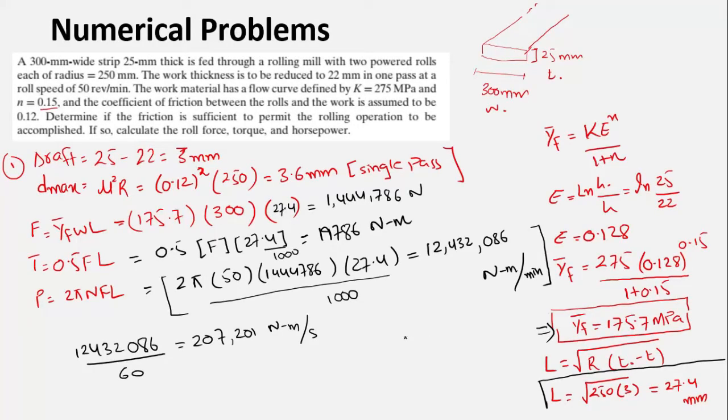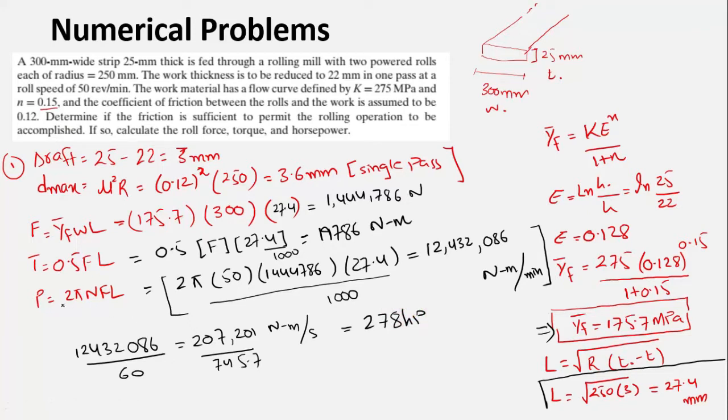And now to convert the watts into horsepower, we will simply divide it by 745.7, as 1 horsepower equals this amount of watts. So the total horsepower for this rolling mill is 278 horsepower.